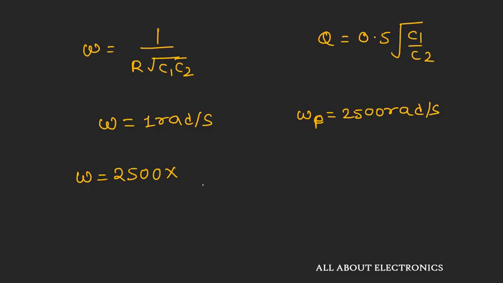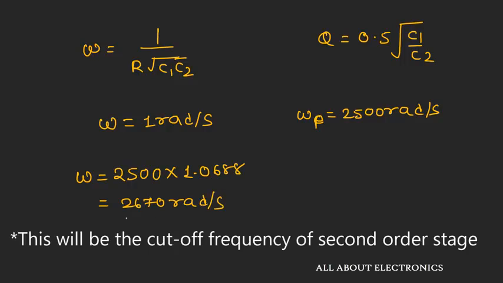Now the cutoff frequency omega will be equal to 2500 into the scaling factor 1.0688, and that value will come out as 2670 radian per second. So this will be the cutoff frequency of our filter design.